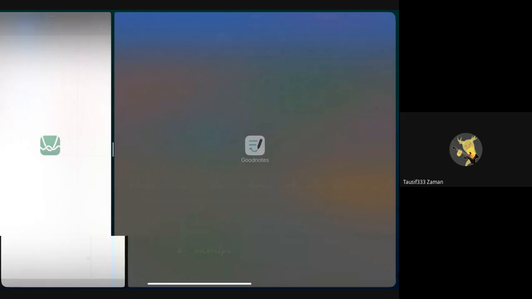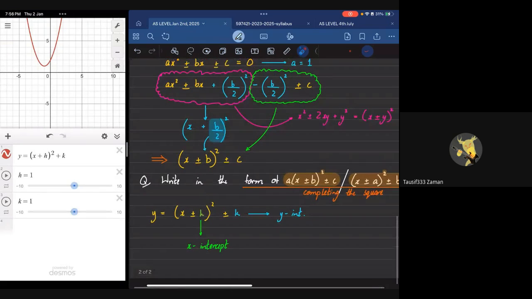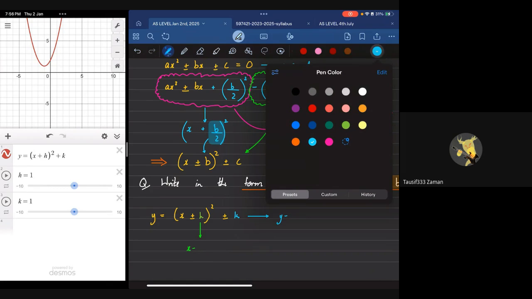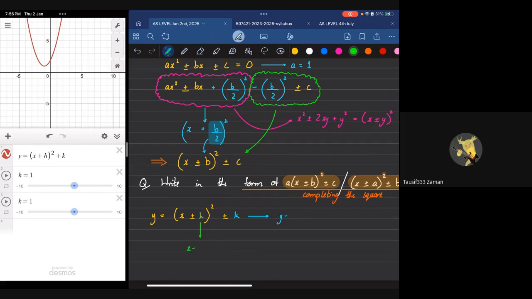Technically, if we're putting it in very technical terms, I should write this as coordinates, because this would become a bit confusing. So for example, this is going to be your x coordinate.